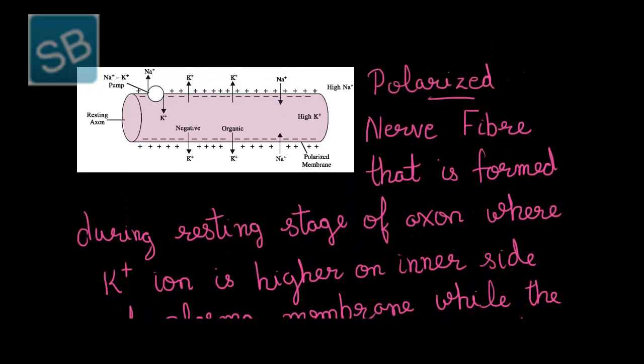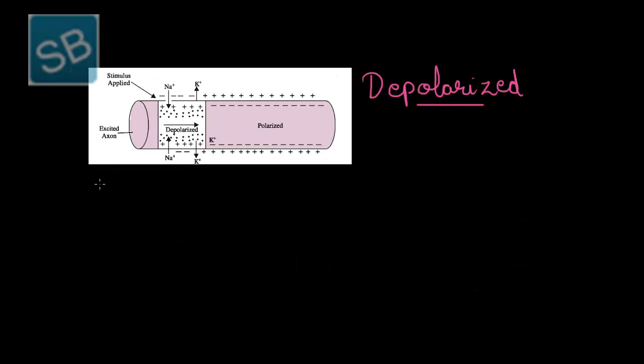As said earlier, the few negatively charged protein molecules are present on the inner side, but these molecules cannot move out of the plasma membrane during the polarized stage.